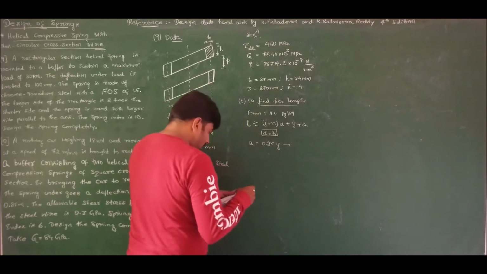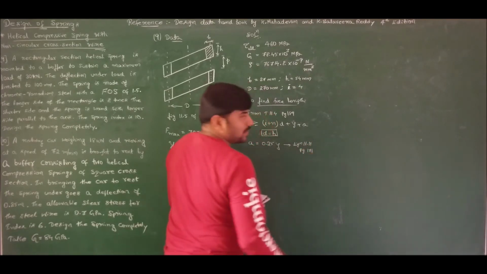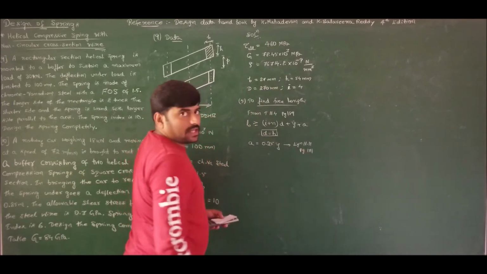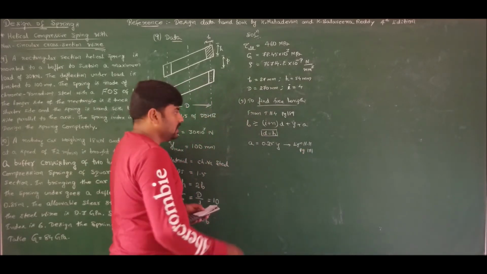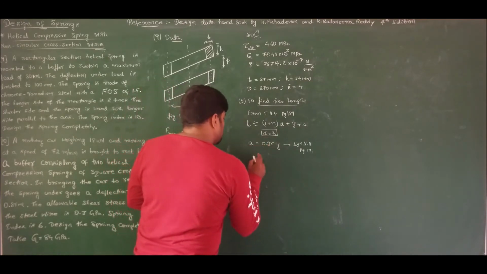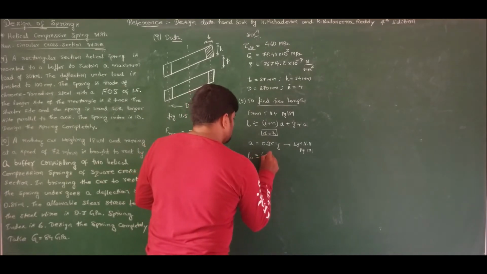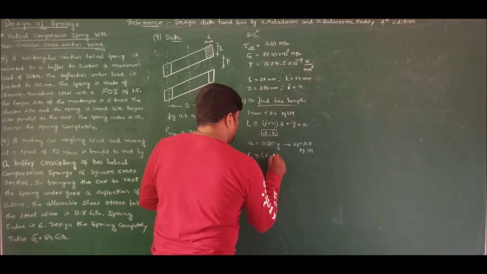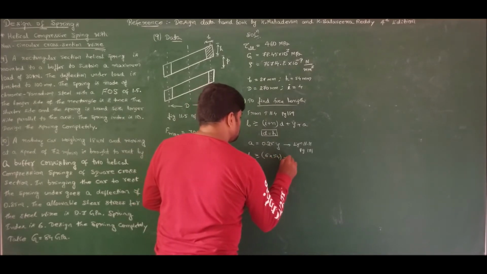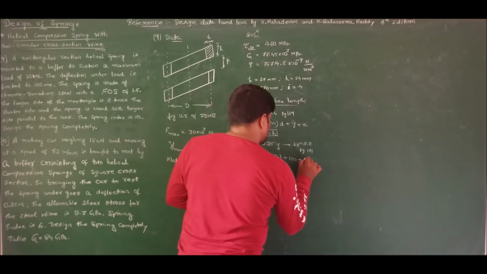This is available in equation 11.11 of page number 171. If I refer equation 11.11 of page number 171, we have specified the clearance as 0.25 times the deflection. So if I substitute and solve, I will get L0 as I dash, that is 4 plus 2 is 6, into h is 54, plus deflection is 100, plus 25% of 100 is 25.